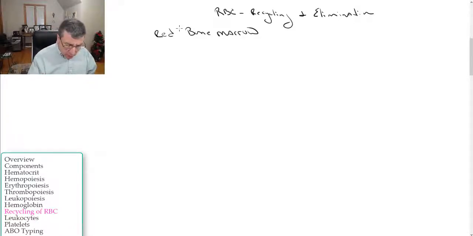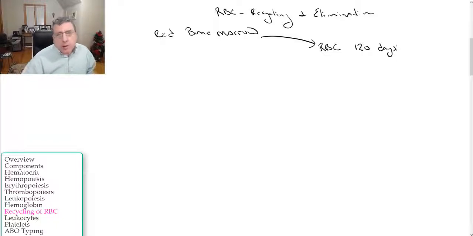So red blood cells are produced in your red bone marrow, okay? And red blood cells live for about 120 days. So that gives you a red blood cell, and it has a lifespan of 120 days, thereabouts.